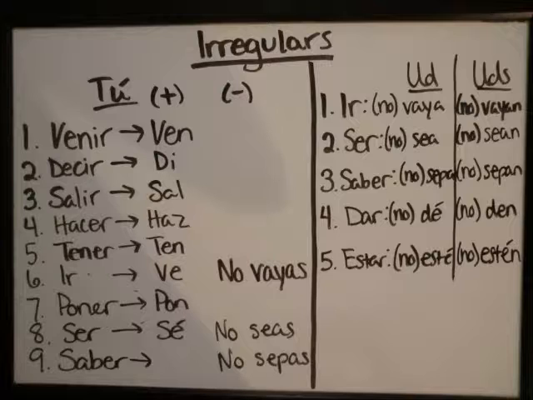Some of them have irregulars in the positive form, the negative form, or one of the other. The rest of the conjugations for other subjects such as yo or ella and other ones are normal according to the rules. On the right hand side, there are some more irregular verbs for the usted and ustedes forms. These follow the same guidelines that we just discussed, where those conjugations listed there are the ones we use in the circumstances when that verb, that subject, and that command occurs.